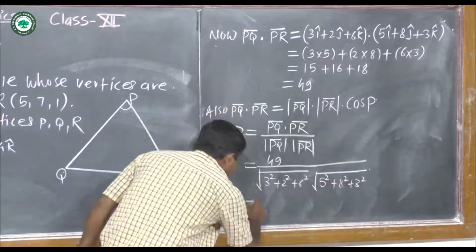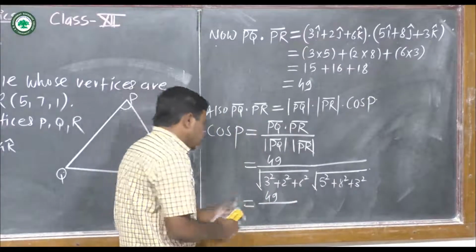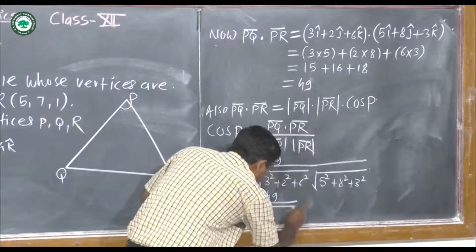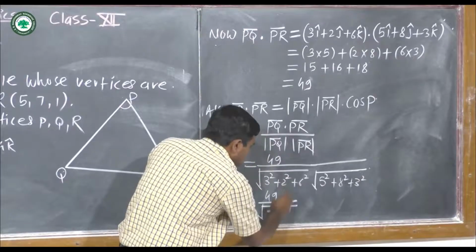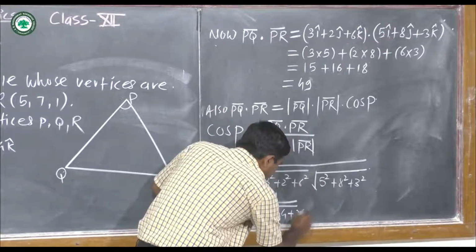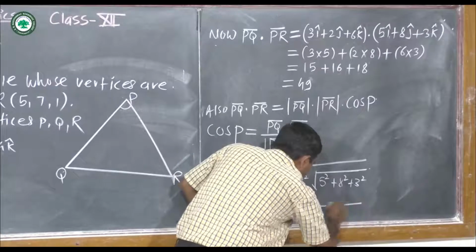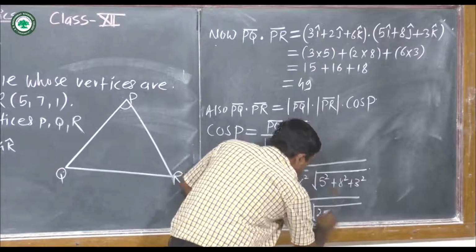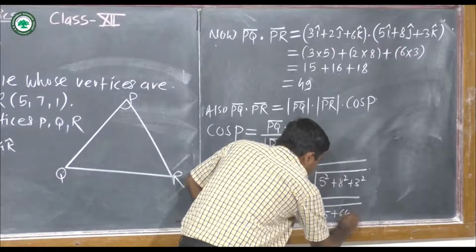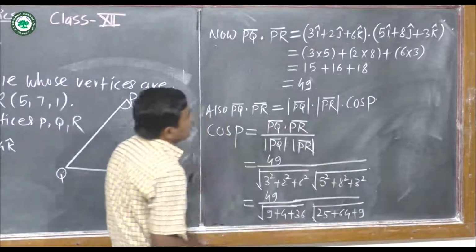So again it is equal to 49 divided by the square root of 3 square 9, 2 square 4, plus 6 square means 36, into square root of 5 square 25, 8 square 64, and plus 3 square become 9.